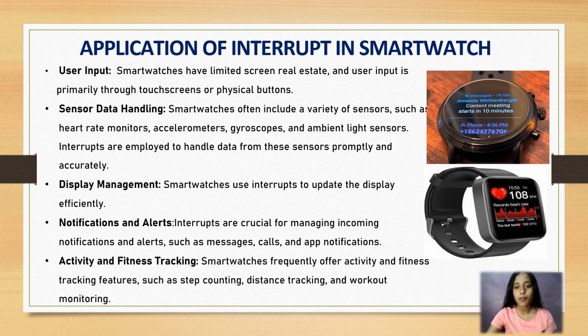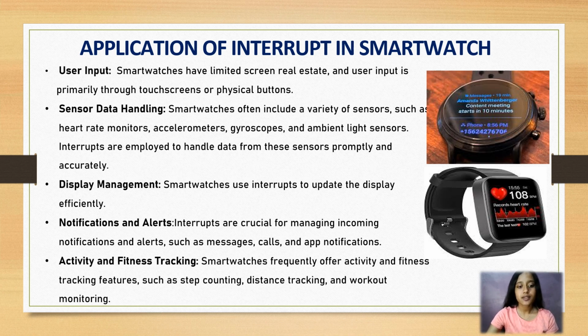For example, when the heart rate sensor detects a pulse, an interrupt can be generated to start heart rate monitoring and processing. This makes use of heart rate monitors, accelerometers, gyroscopes, ambient light sensors, etc.